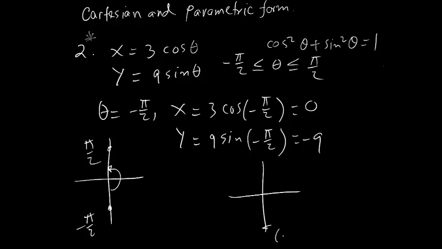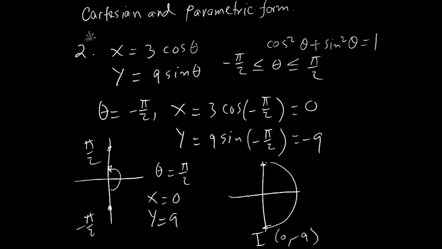So this is the point here, 0, negative 9, and we call it the initial point. Same way when you say theta equals pi by 2, x will be 0 and y will be 9. So you get a point in here. So then your graph is actually going like this, and it is a semicircle because of the restricted domain.